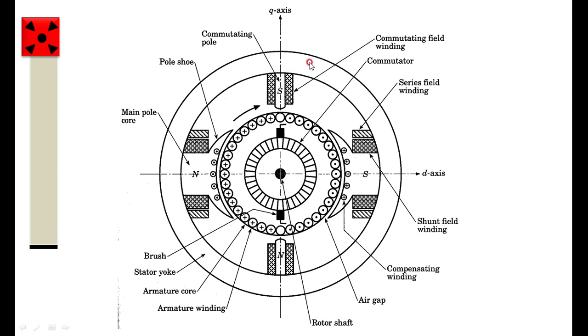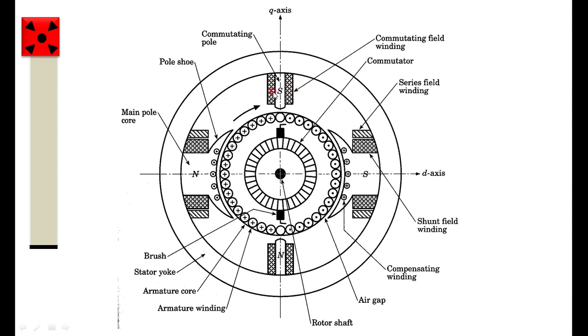You can see here we are placing the commutating poles, also called interpoles, between the main poles, so that they are producing flux or voltage, inducing extra voltage that is opposing the reactance voltage.